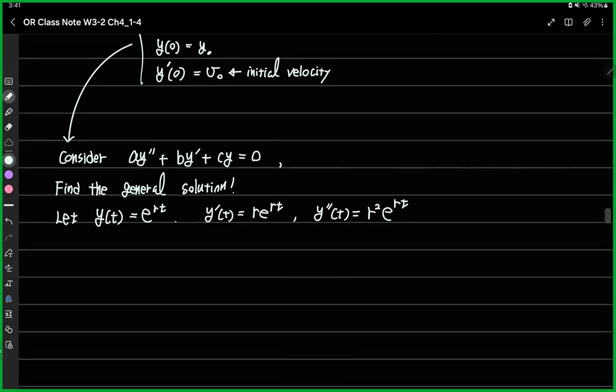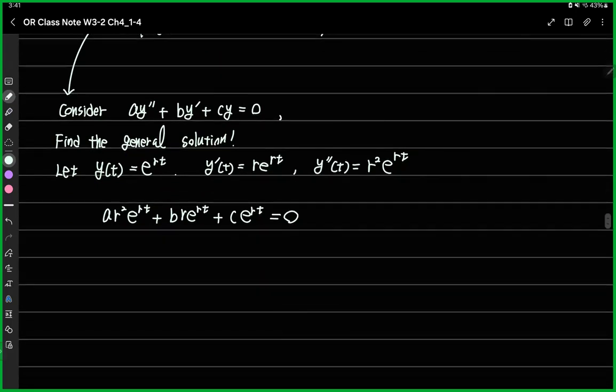Substituting and simplifying, we get a times r squared e to the rt plus b times r times e to the rt plus c times e to the rt is equal to 0. Because e to the rt is a common factor, factoring it out of the left-hand side we get e to the rt times (a r squared plus b r plus c) equals 0.